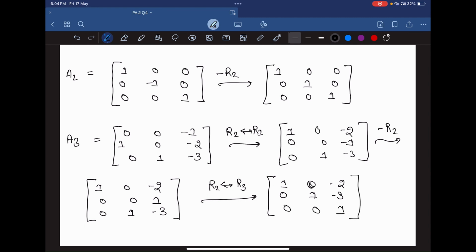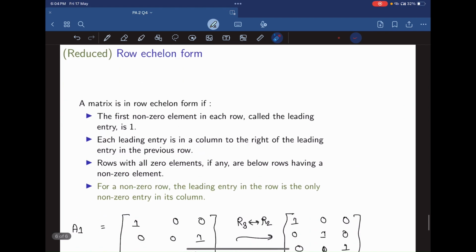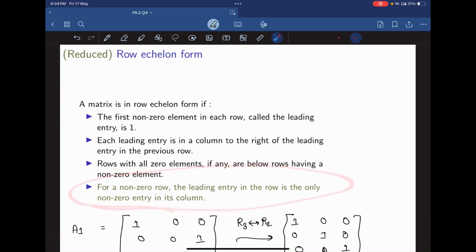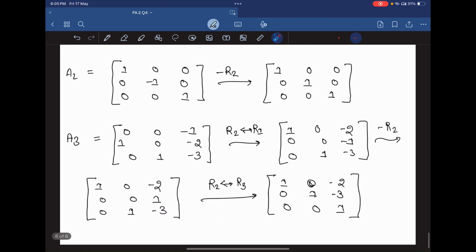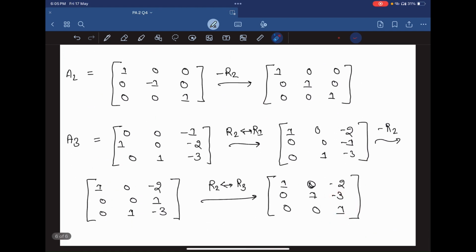Now till now this matrix is in its row echelon form, as the fourth condition, that for a non-zero row, the leading entry in the row is the only non-zero entry in its column, has failed for this. In this column the leading entry is 1, and it is not the only non-zero entry in its column.